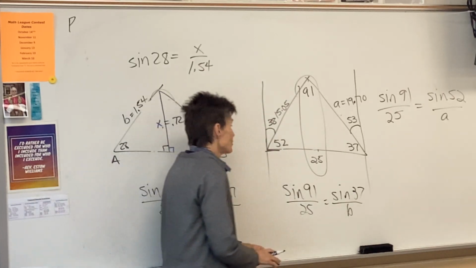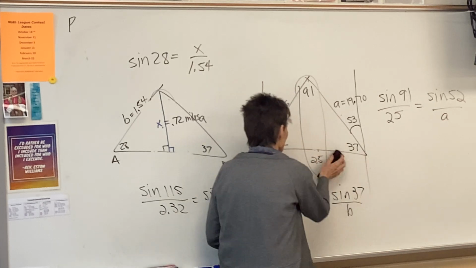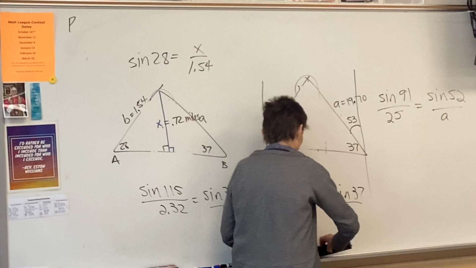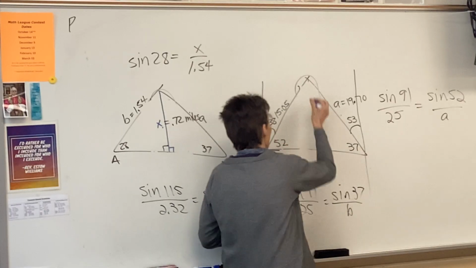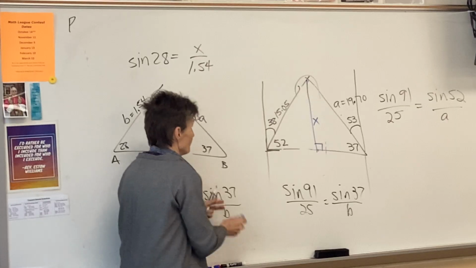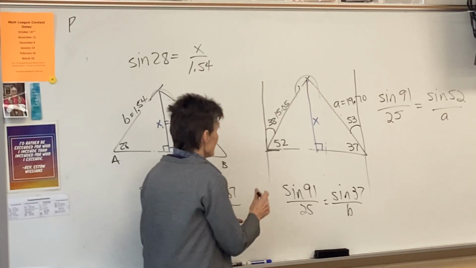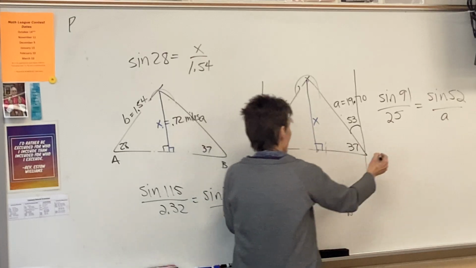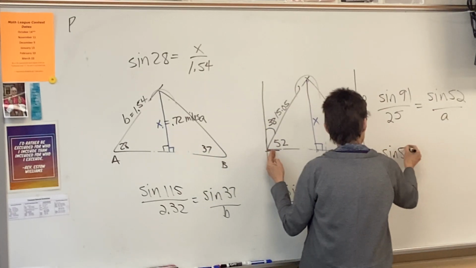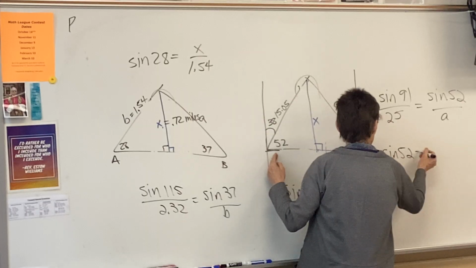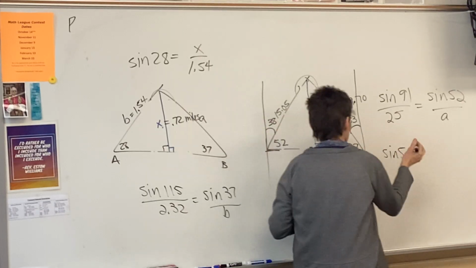Now I'm gonna answer the last question, which is, how high is the tornado? So I can look right here and say sine 52 equals x over 15.05.